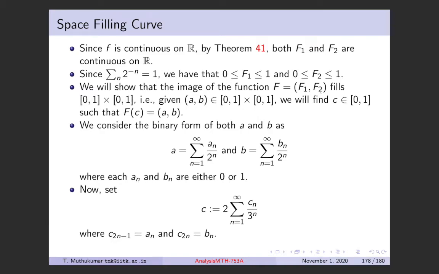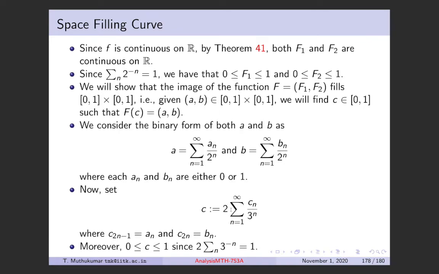Okay. So once we have the C, we immediately see from this geometric series fact that the limit of this 2 times the series is 1. So the value of C is also between 0 and 1, the same argument that we used here.